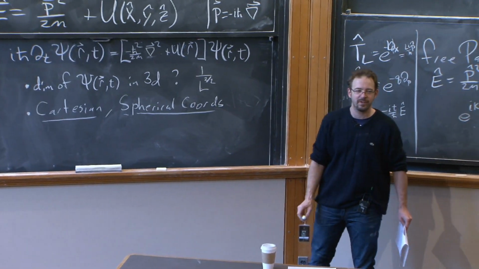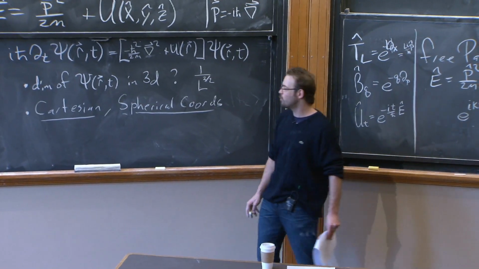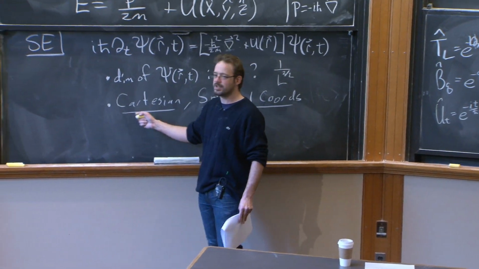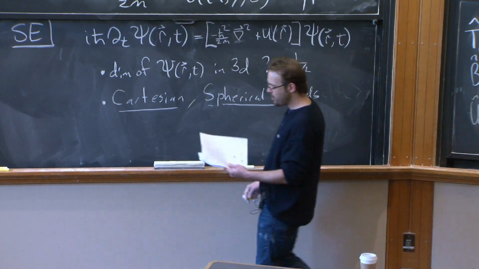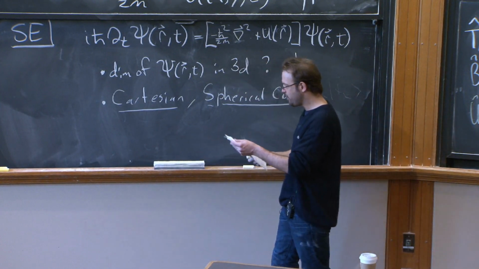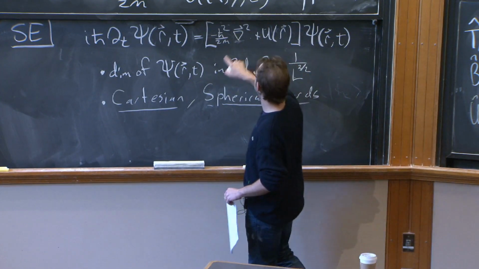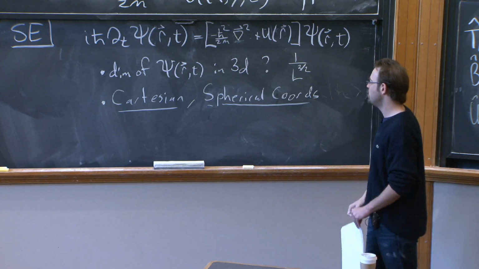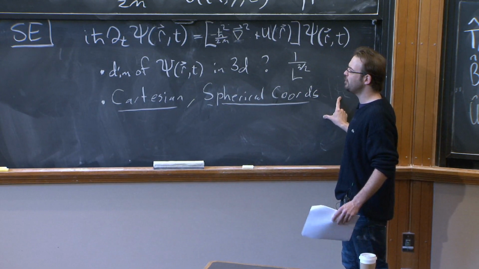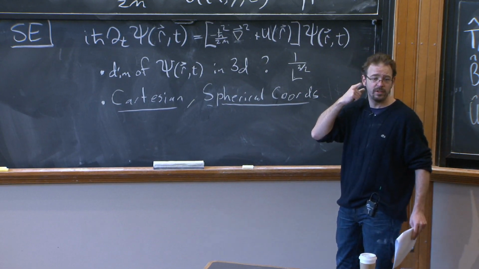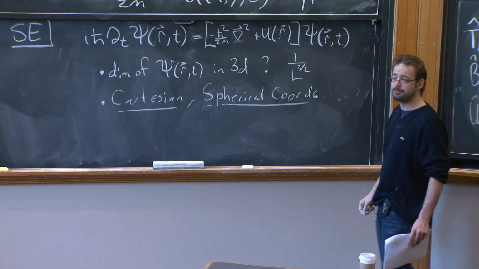You cannot possibly get a different answer by using different coordinates. So we're going to be ruthless in exploiting coordinates that will simplify our problem throughout the rest of this course. In the notes is a short discussion of the form of the Laplacian, or the gradient squared, in Cartesian, spherical, and cylindrical coordinates. You should feel free to use any coordinate system you want at any point. You just have to be consistent about it.